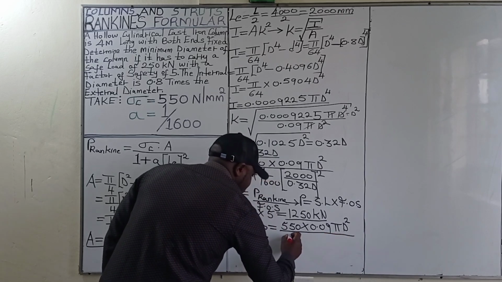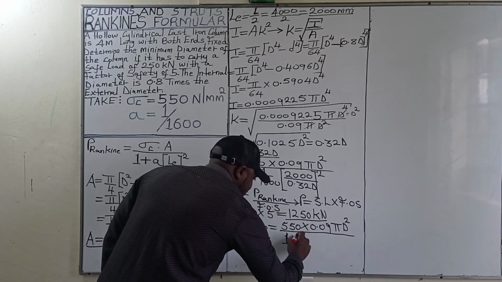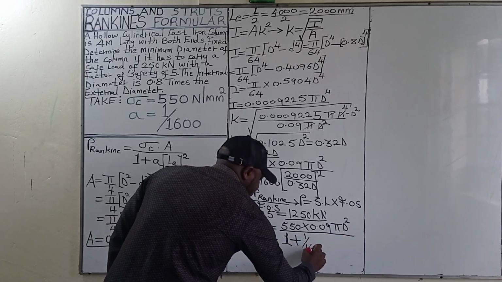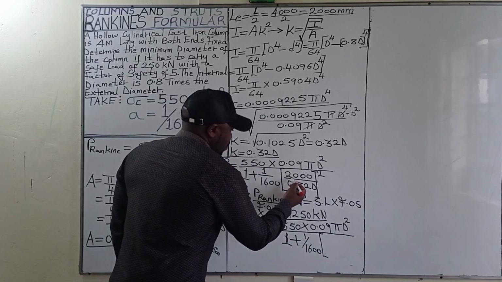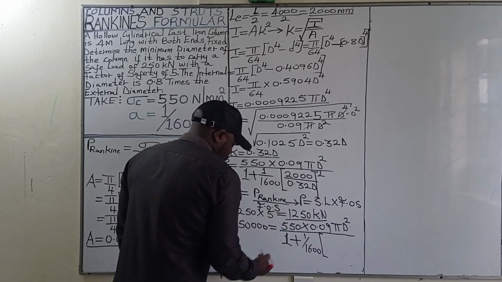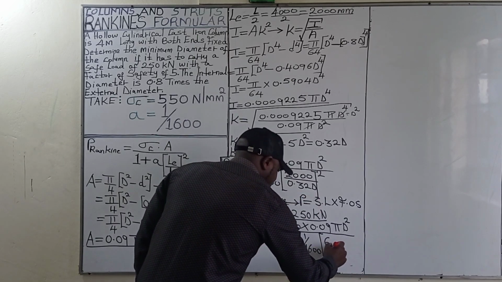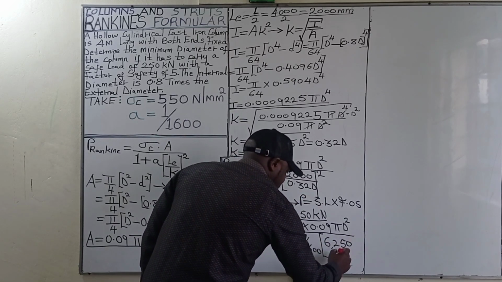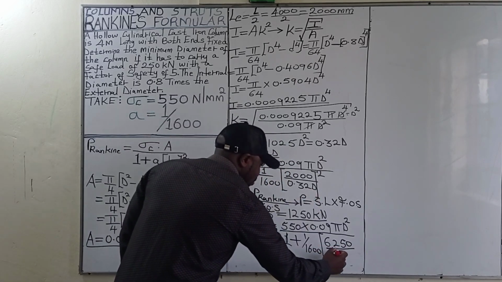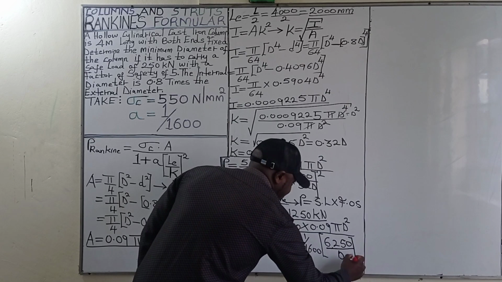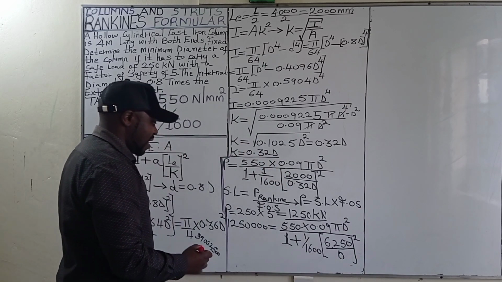Divide this by 1 plus 1 over 1600 into 2000 divided by 0.32, that happens to be 6250. 6250 divided by d, and then that is squared.